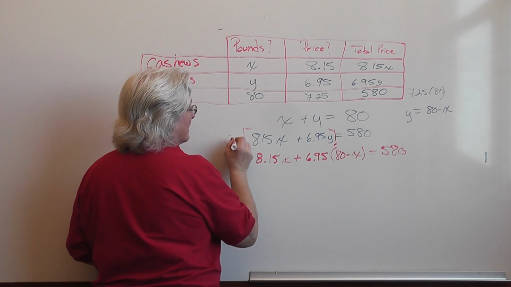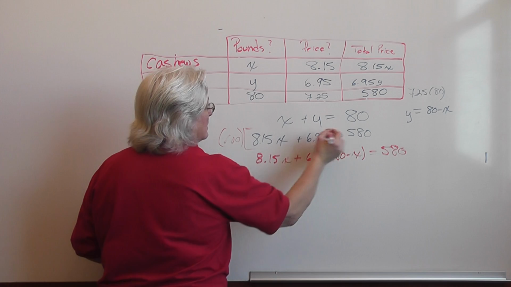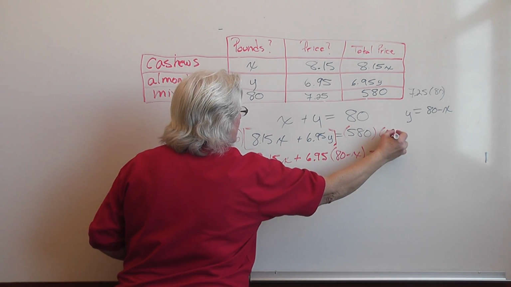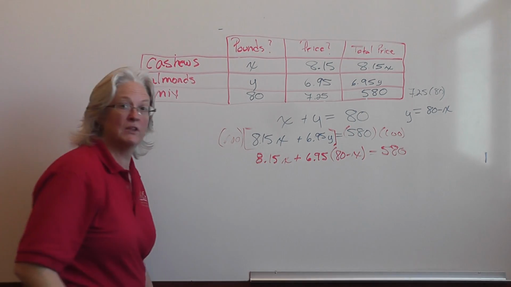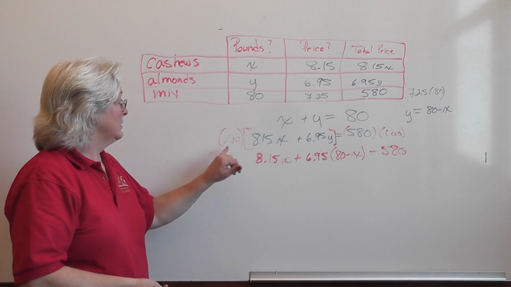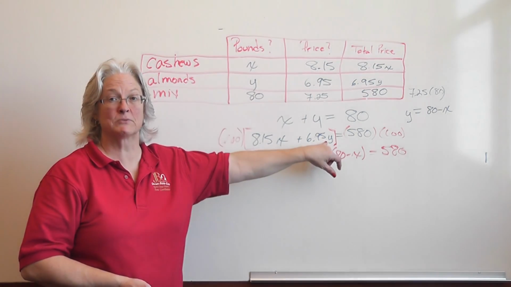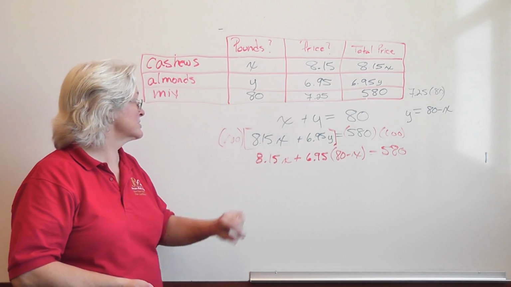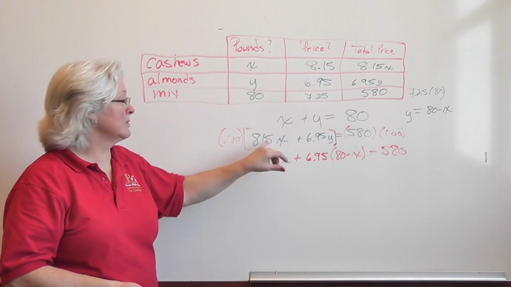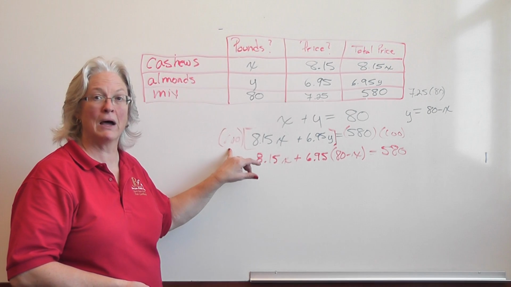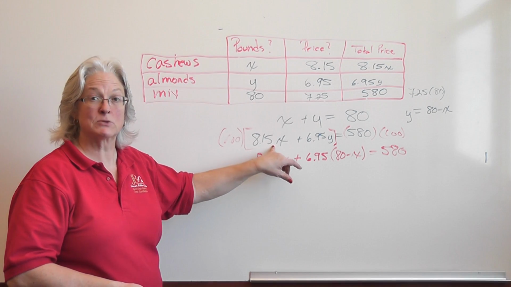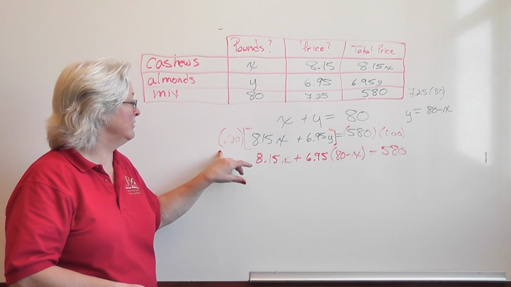You can do that at any time. Why is it that you want to multiply both sides of the equation by 100? Because our furthest place out is the 100th place. We don't want to deal with decimal numbers. We want this to be a whole number, so we multiply by the same power of 10 as the smallest place. Hundredths, we multiply by 100.